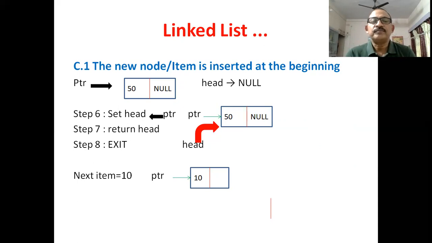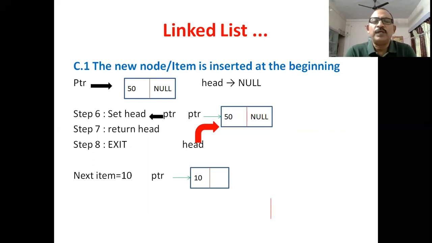Suppose we want to insert the next item at the beginning of the linked list. Now suppose the next item is 10. What are our steps? We set PTR equal to struct node star, followed by malloc and sizeof struct node.